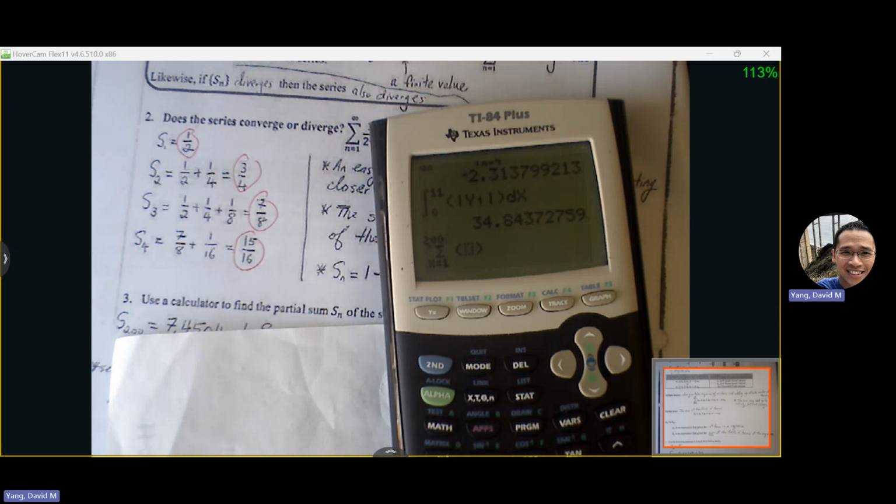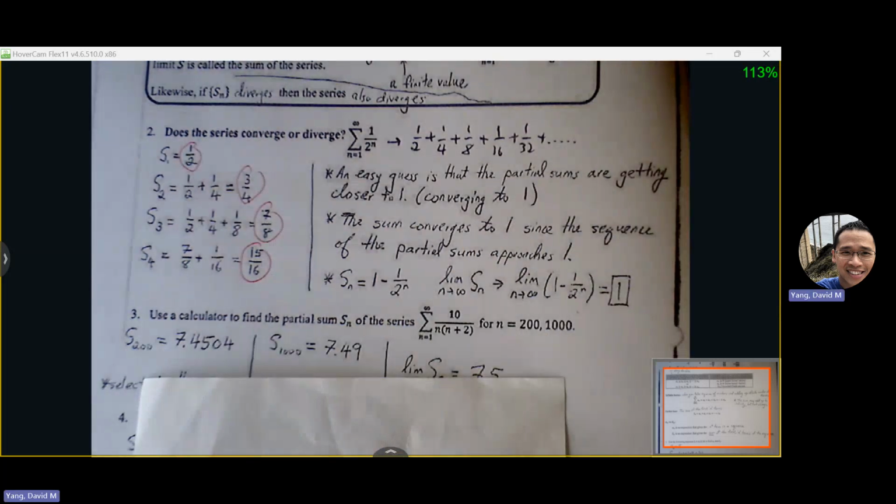Then type in that rule of the sequence, which is 10 over x times x plus 2.